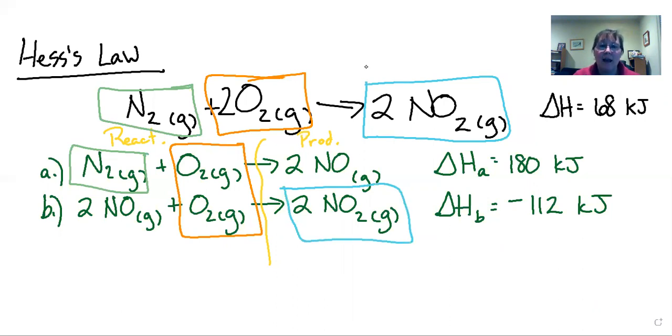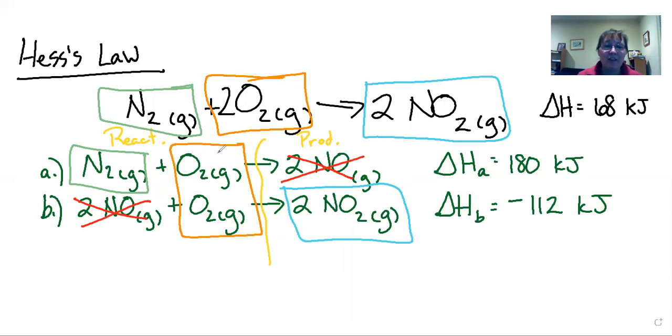And you will notice then that what you're doing in the first equation is you're making this intermediate nitrogen monoxide, and then you're consuming it in the second one. So creating, destroying, which means that we can cross out because it's on the product and the reactant side of the equations.